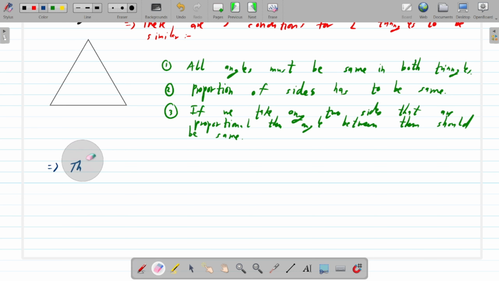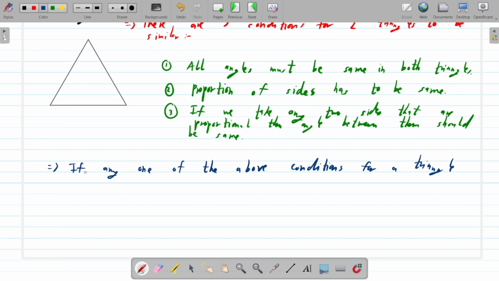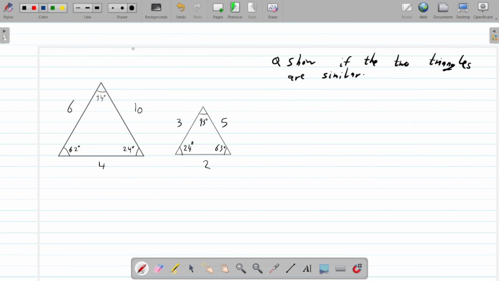If any one of the conditions for a triangle is true, then the two triangles are similar.